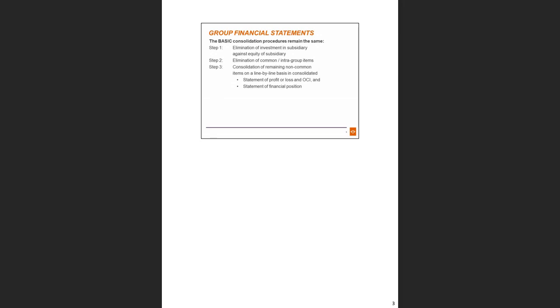Then once you have done step one and step two, you need to go to step three. Step three was where we consolidate the remaining non-common items. So the statement of profit or loss and OCI will also need to be prepared, and the statement of financial position.